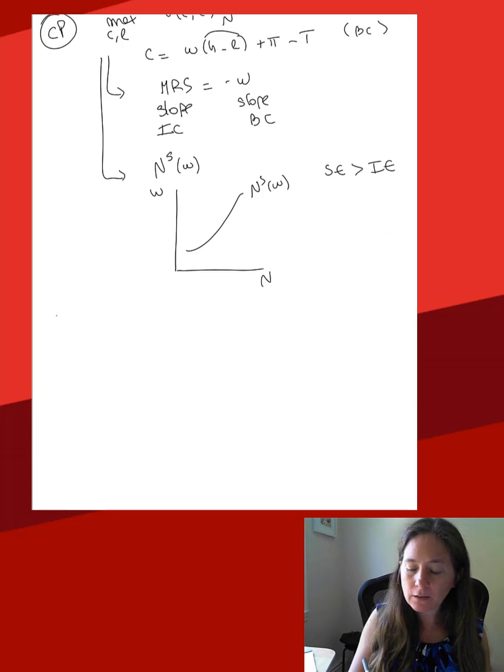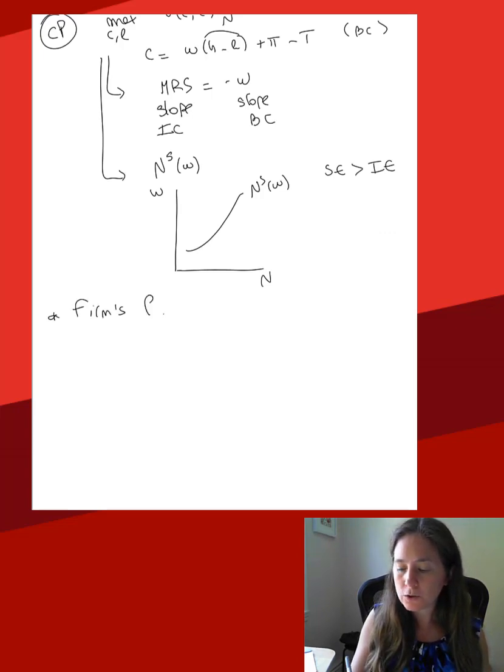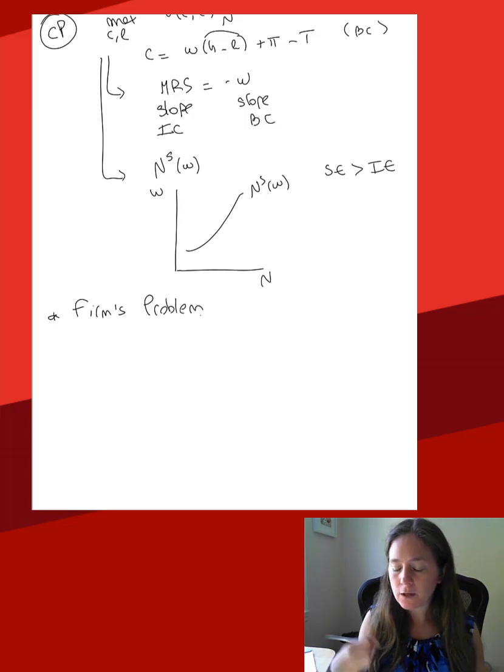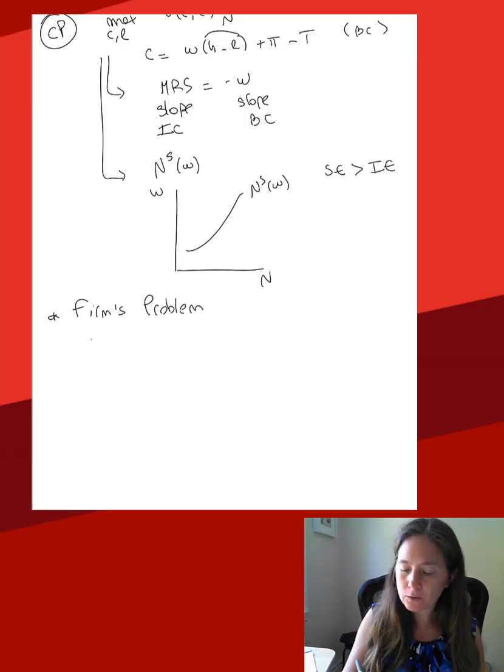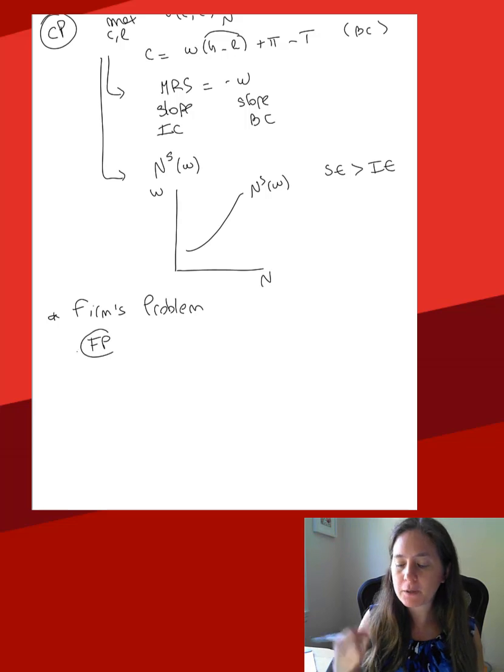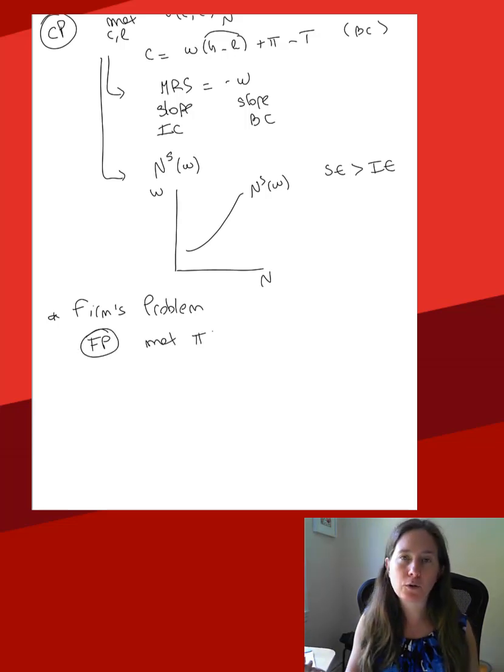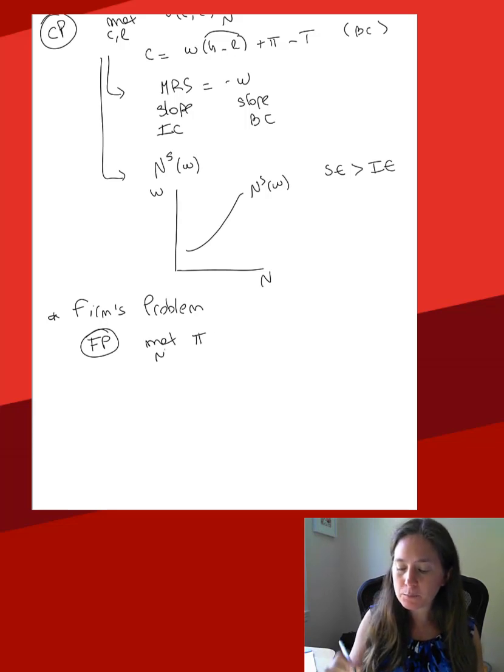The other thing that we discussed is the firm's problem. What is the firm doing? Let's call FP the maximization problem of the firm, which is trying to maximize profits. It maximizes profits by choosing how much labor to hire.